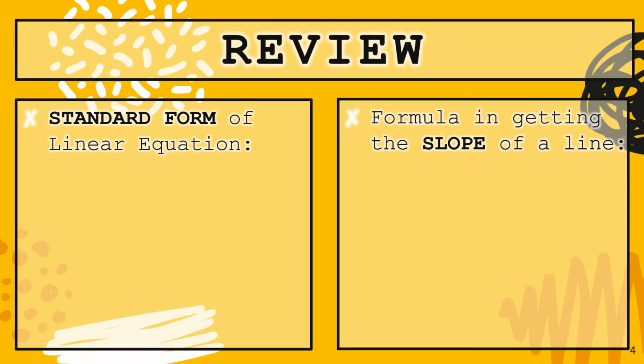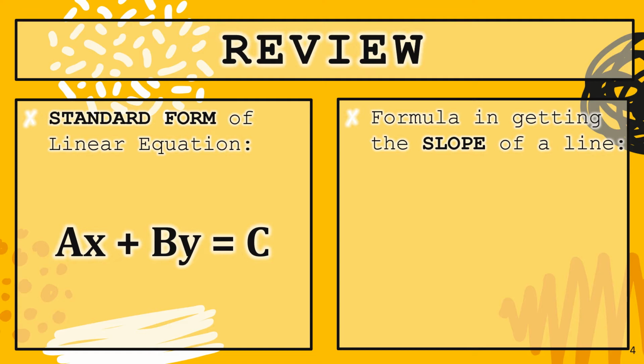Let's have first a short review. In our last video, we discussed the standard form of a linear equation and the formula in getting the slope of a line. ax + by = c is the standard form of a linear equation, where a, b, and c are real numbers, and a must always be positive.